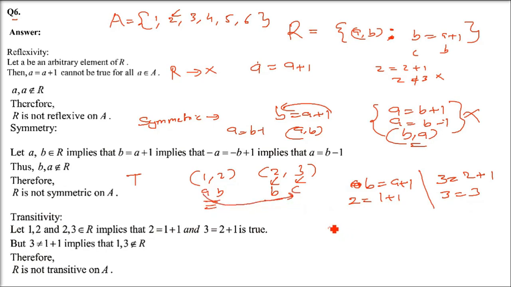Now whether (a, c) is following or not, b is a plus 1, so in place of a keep it a, in place of b put c. So 3 equals 1 plus 1, 3 is not equal to 2. So a is related to b, b is related to c, but a is not related to c. That is, it is not transitive.